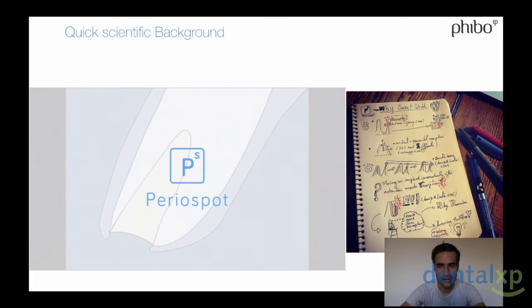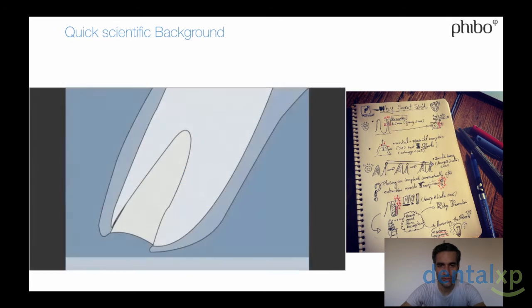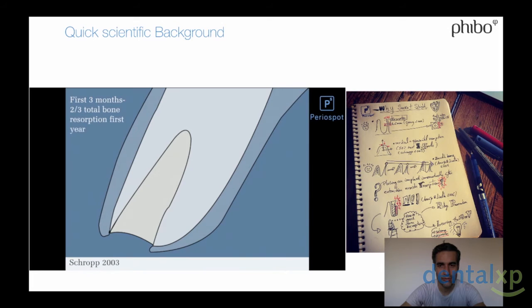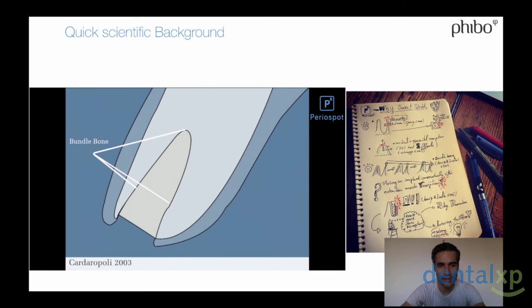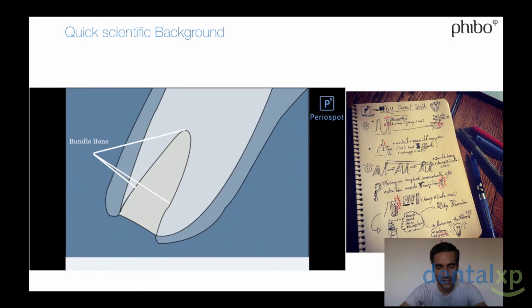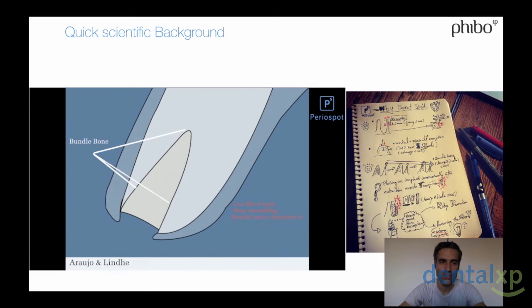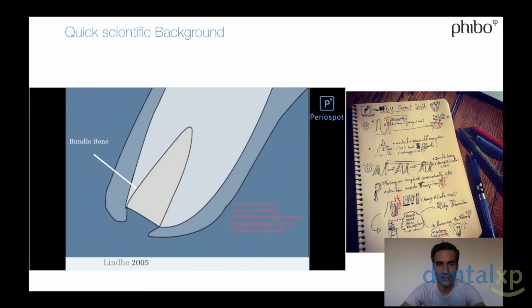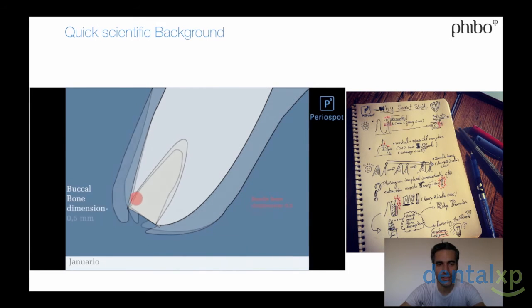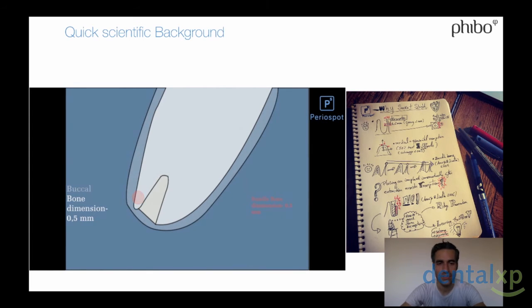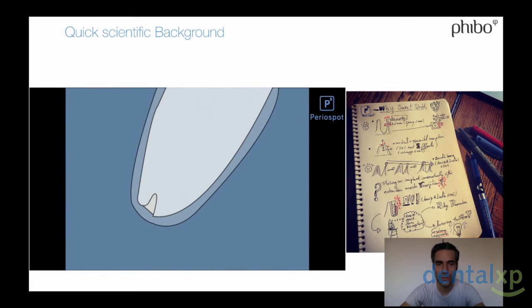And if we look back and try to remember some articles like the Schropp article, the Araújo and Lindhe article in 2005, they describe the bundle bone, and say that this bone is dependent on the periodontal ligament. When we remove the teeth and remove this blood supply, the bundle bone is going to disappear.